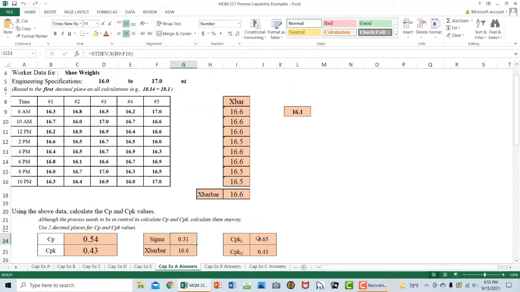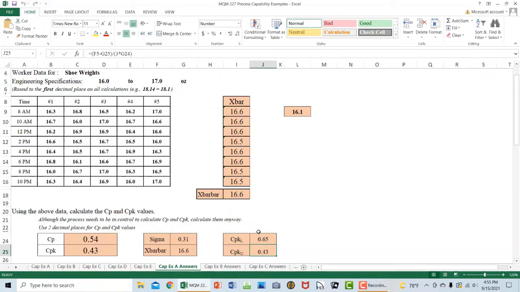Okay, that's the Cpkl. For Cpku, you take the 17, the upper specification limit, minus 16.6, and you divide that by 3 times the standard deviation. And there you have it. And you say, well, I have two numbers.